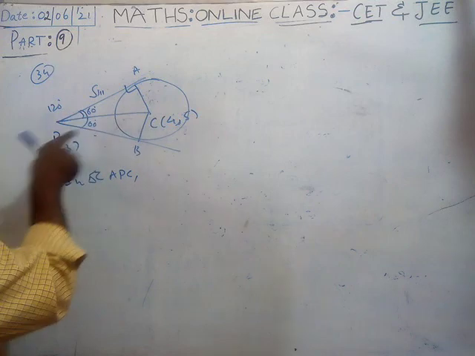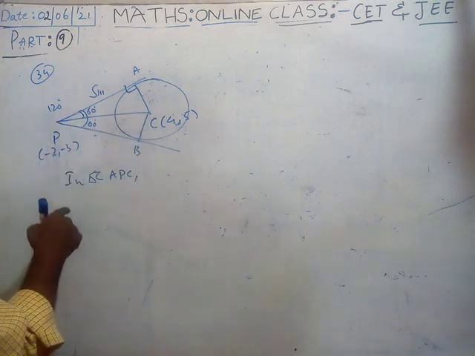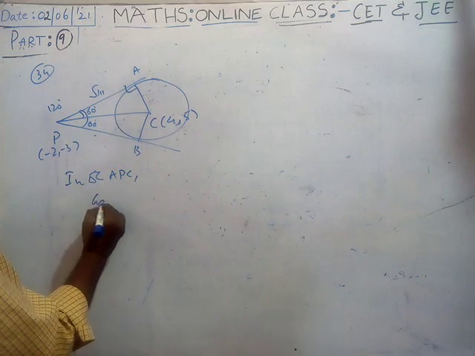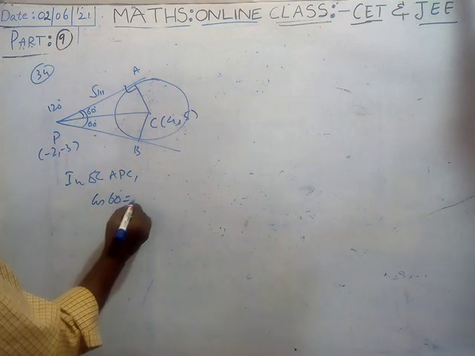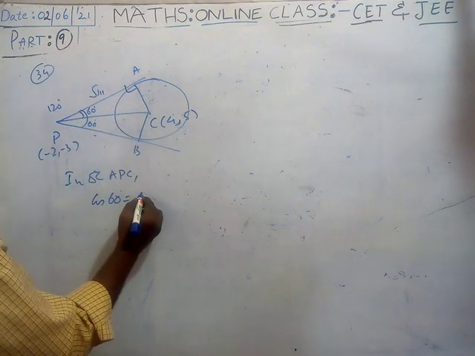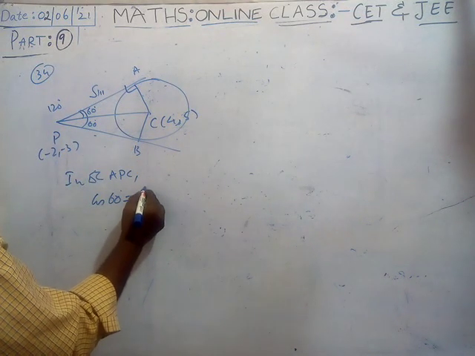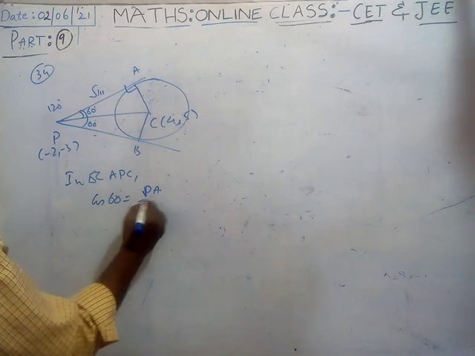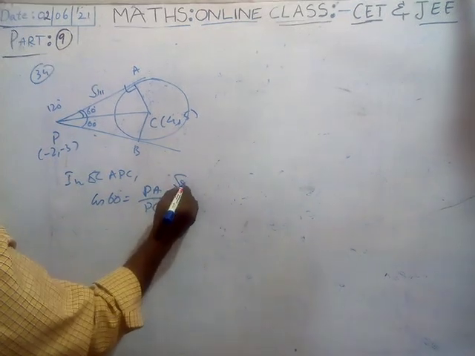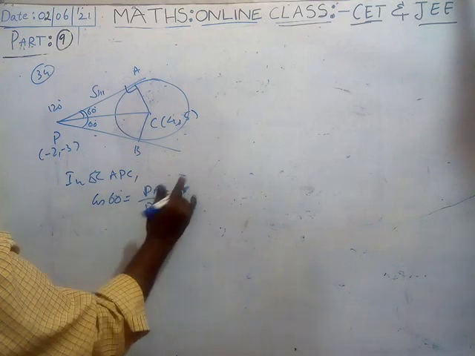We know the hypotenuse. We can find PC because the points are there. So cos 60 degrees is equal to the adjacent side PA by PC, the hypotenuse. Now PA is root S11, that is what we need.